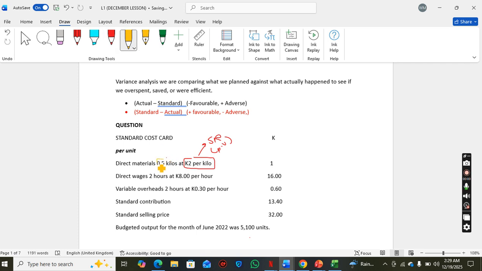This 0.5 kilos for each unit is our standard usage, so this will be used for the usage variance. And the total direct material cost will be used for the total material cost variance. So the one in red is the price variance, the one in yellow is the usage variance, and this other one in yellow is going to be for the cost variance.